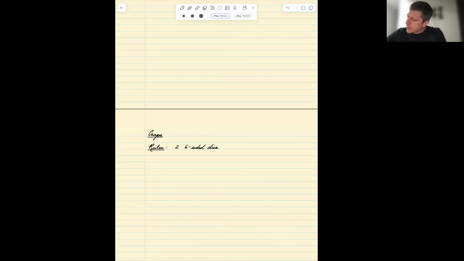Here's how it works: on the first roll, called the come out roll, you lose, called crapping out, if we roll craps, a total of 2, 3, or 12.